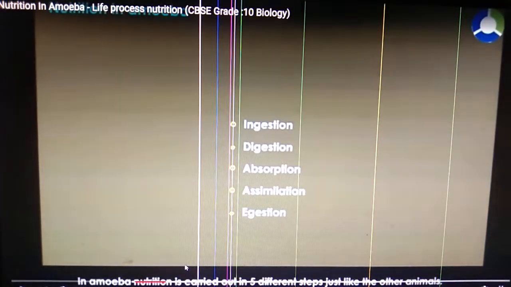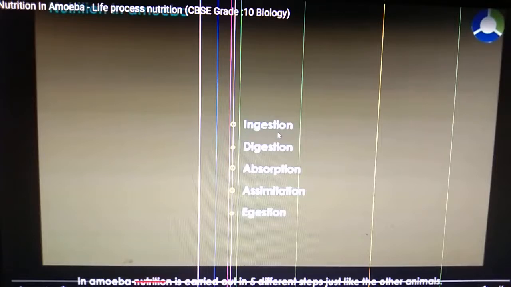In all heterotrophs, like we are also heterotrophs because we take food outside and we break it down inside the body, mainly 5 processes take place: ingestion, digestion, absorption, assimilation and egestion. Ingestion and egestion sound similar, but there is some difference. In ingestion, food enters inside the body, and in egestion, the undigested food is thrown out of the body.